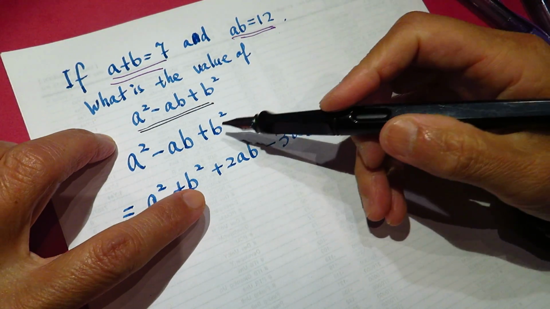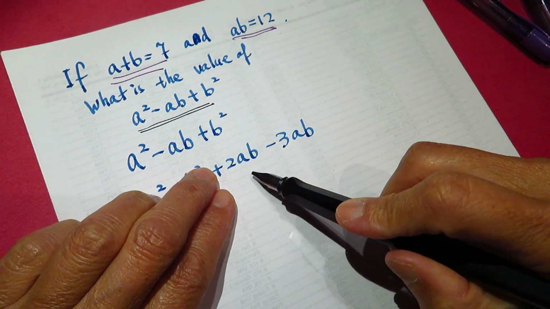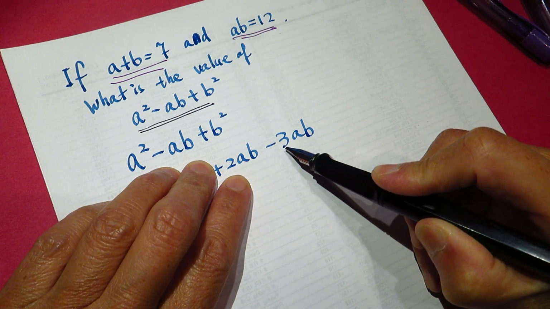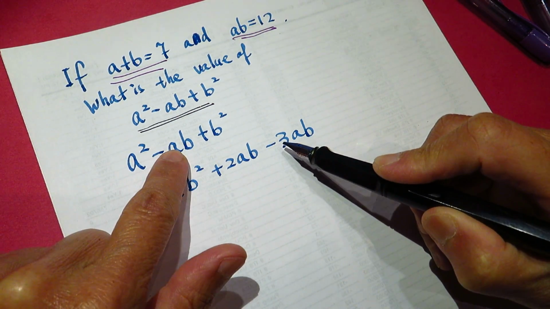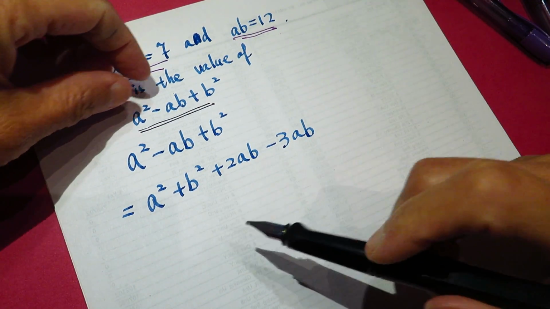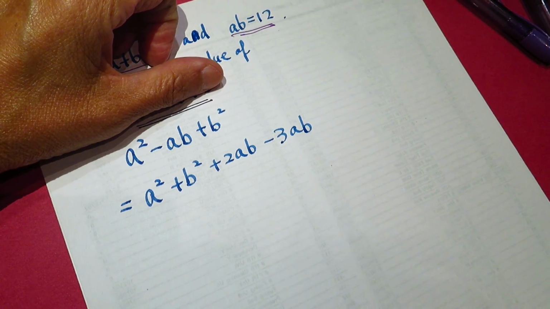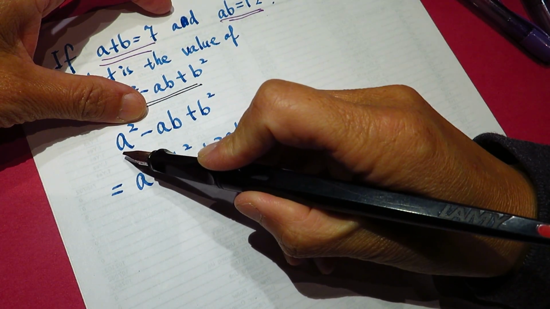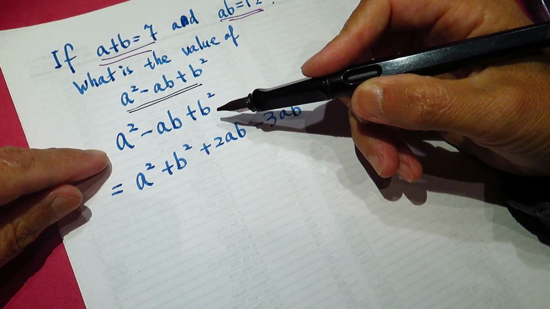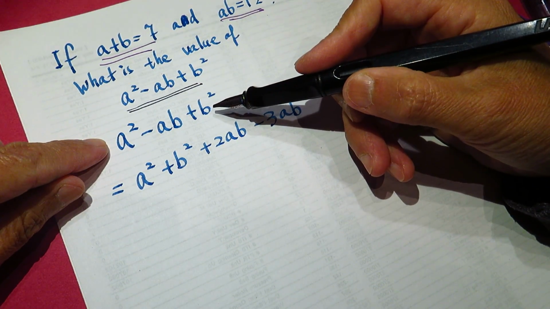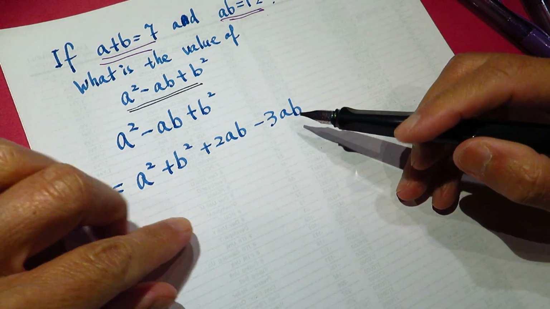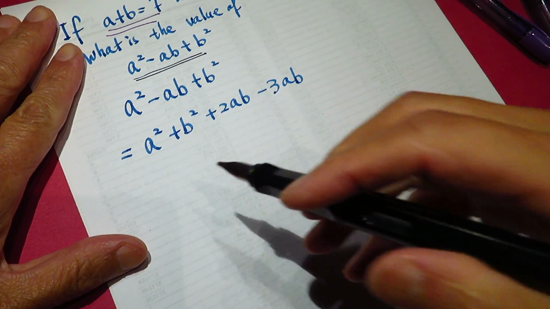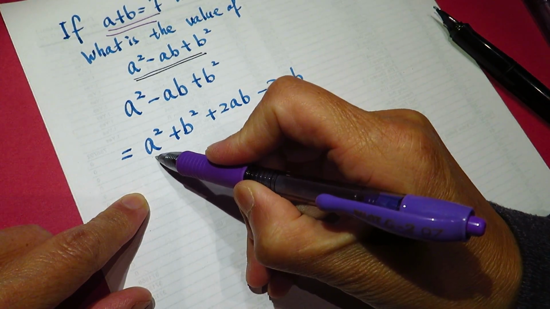There is an a squared, there is a b squared, there is a negative ab: 2ab minus 3ab is a negative ab. So why do I add this? Because I need to make some change. But from this expression until this expression, I am not changing anything. It's an equivalent change.